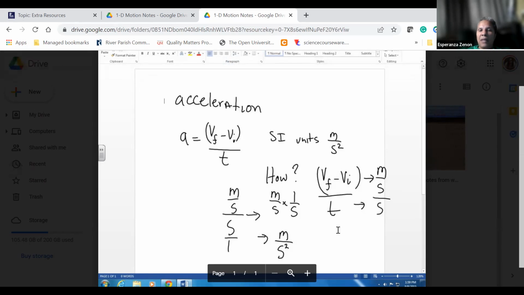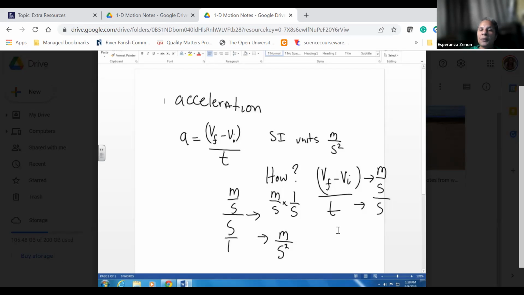We'll work that out mathematically. Meters per second divided by seconds, that's meters per second times 1 over second. You learned when you learned fractions that when you divide by a fraction, you have to multiply by its reciprocal. So I do meters per second divided by seconds over 1. I flip that over and multiply by the reciprocal.